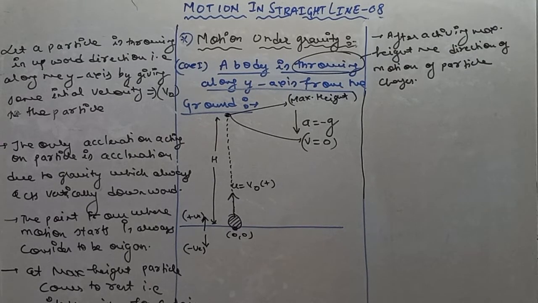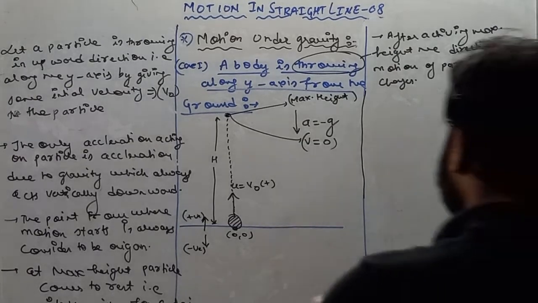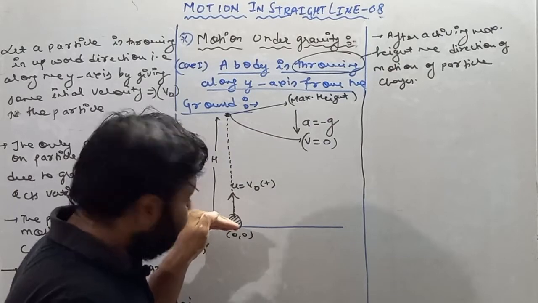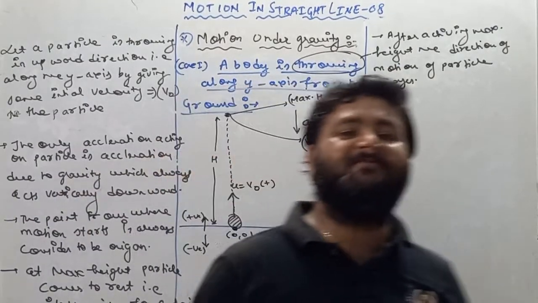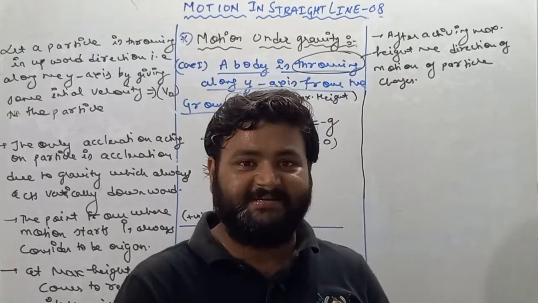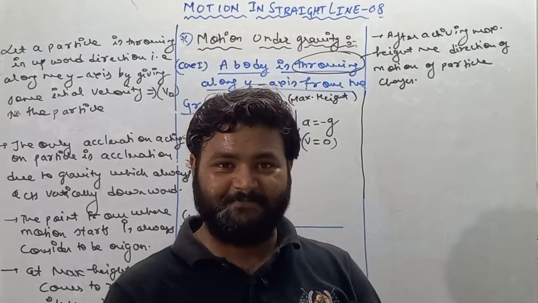This is a somewhat complicated topic. That's why I am saying this is a logical topic. In the first half, means when the particle is moving upside, the direction of velocity and acceleration is different, or we can say opposite to each other.